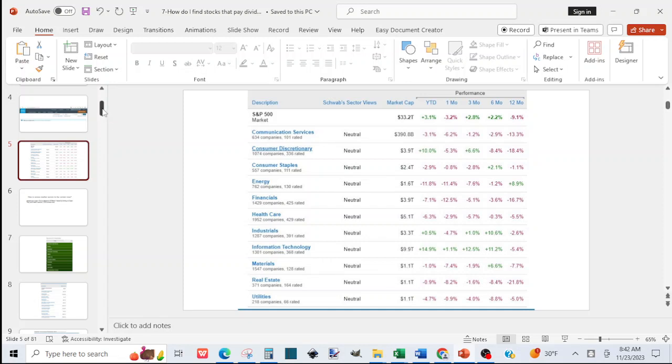And then inside each one of those sectors, you have industries as well.